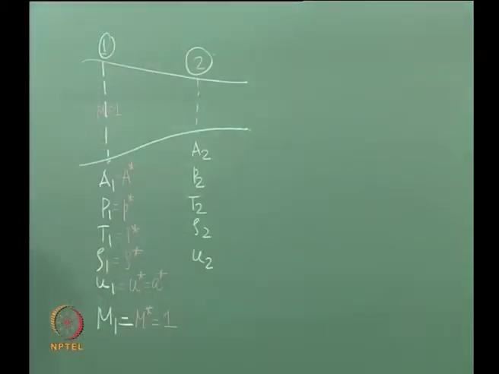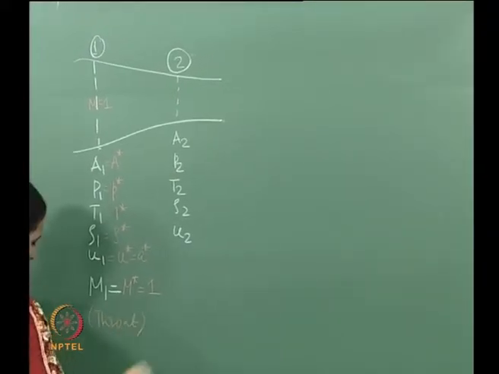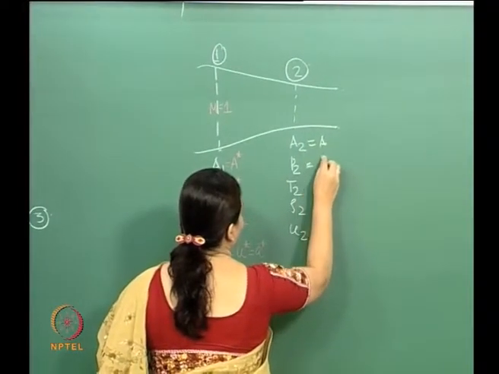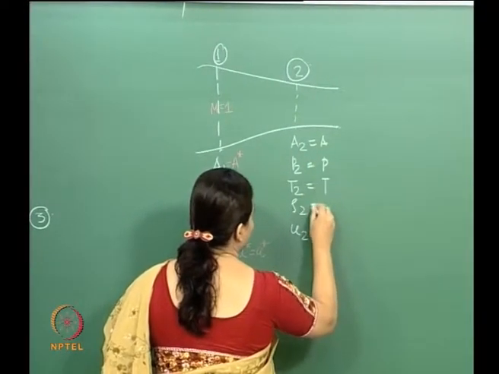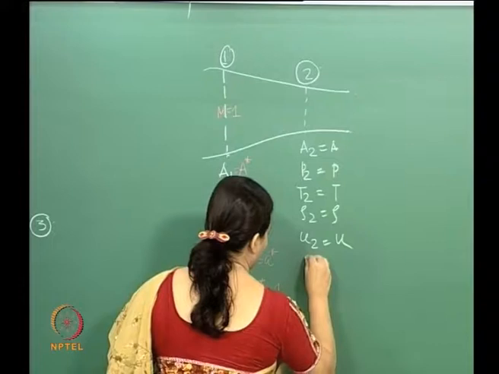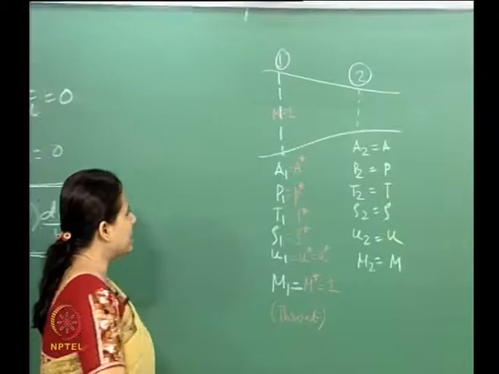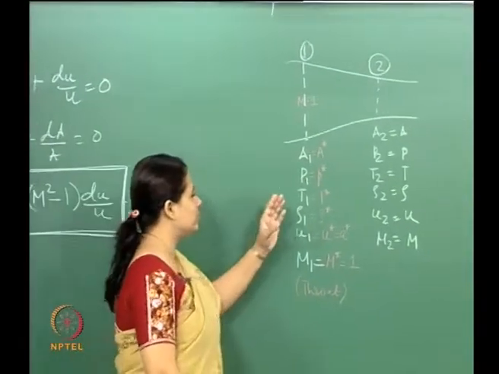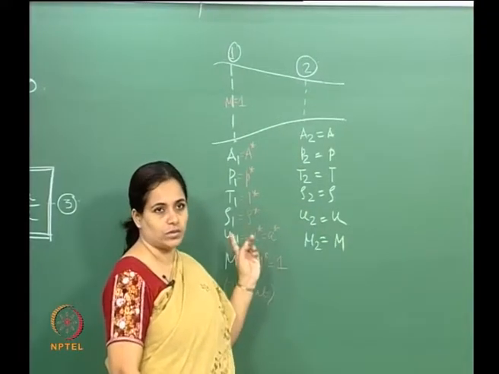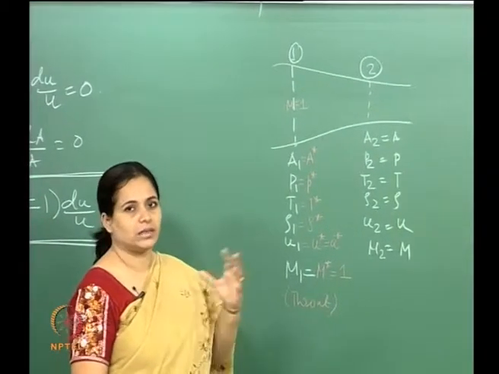So this is essentially my throat. And in here we are going to just call these A, P, T, rho, U, and we will have M2, so that is equal to M. So basically we are looking at a particular location, and we are going to look at that location with respect to the throat. Now let us see if we get any special information by studying this.